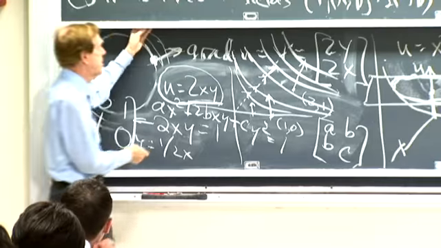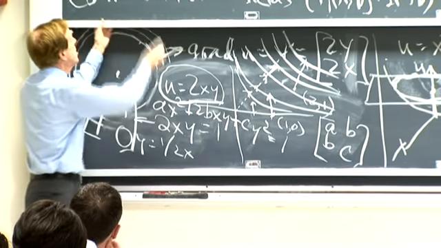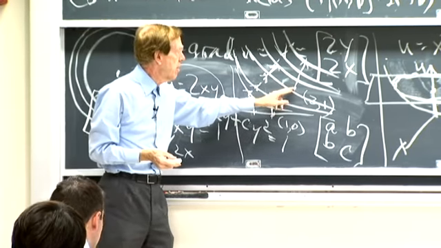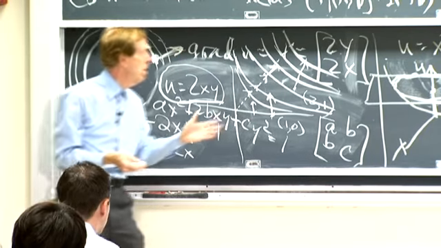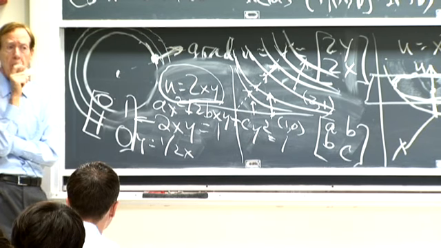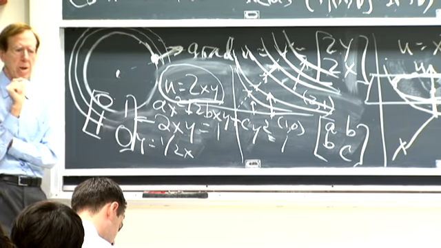And now what's the point about these little arrows that I got started on? What was the very first point about the answer to the meaning of the gradient? These are the gradients of u, so those arrows point where? Perpendicular to the hyperbolas.